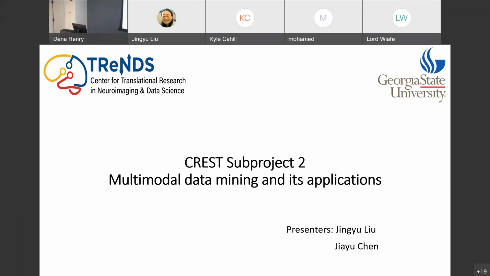It's more to introduce that these methods exist, along with possible applications, and to stimulate your thinking about what methods you can use for your own projects. This presentation will be me and Jiayu working together. I'm going to go over some slides, and Jiayu will take over some other slides. Okay. And so subject 2 is mainly focused on multimodal data fusion.